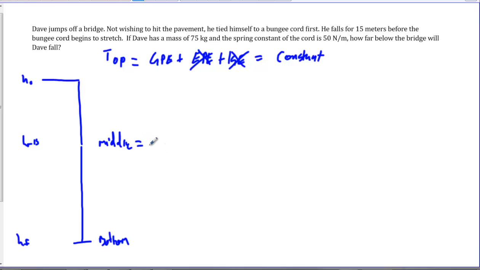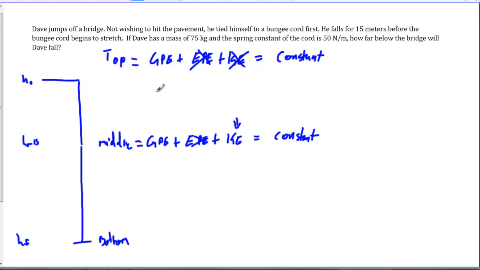At the middle, the gravitational potential energy here plus elastic potential energy here plus kinetic energy here is equal to this same constant. However, at this point, we do have kinetic energy. We still don't have elastic potential energy because this is just the length of the cord. It hasn't started to stretch yet.